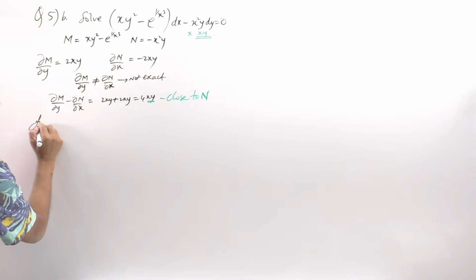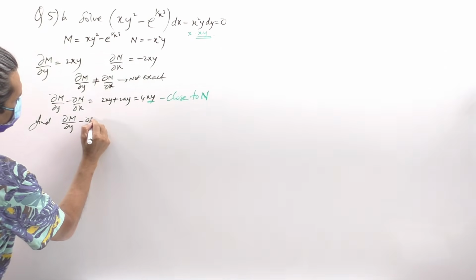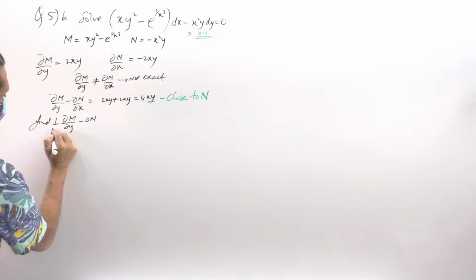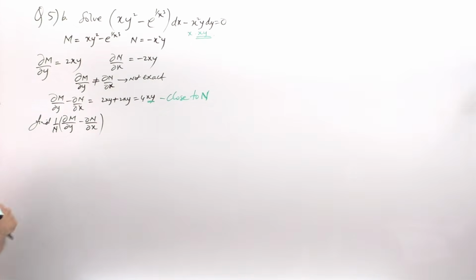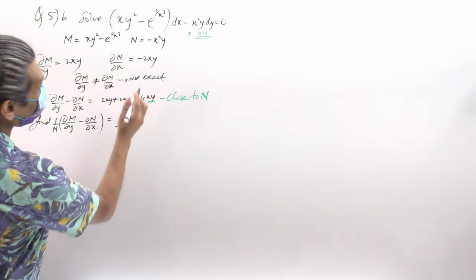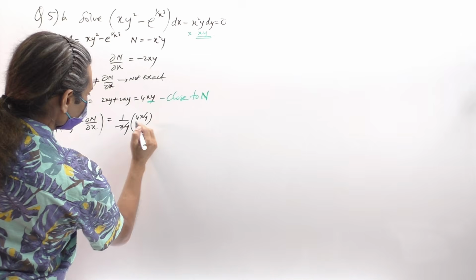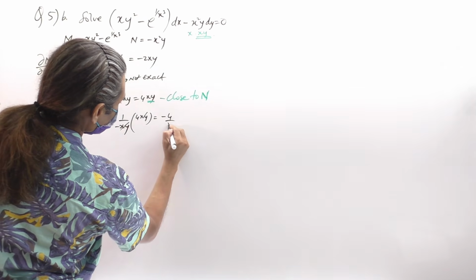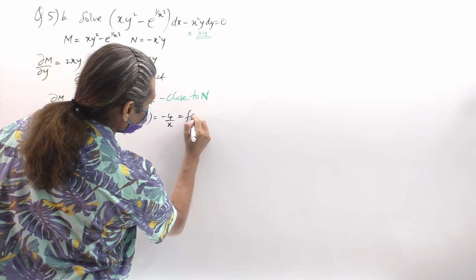We find 1 by N times ∂M/∂y minus ∂N/∂x. So what is N here? Minus x²y, and the 4xy cancels, so it is minus 4 by x. And if it is close to N, we take this as f of x.